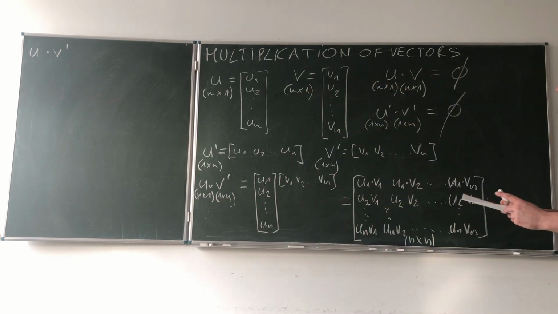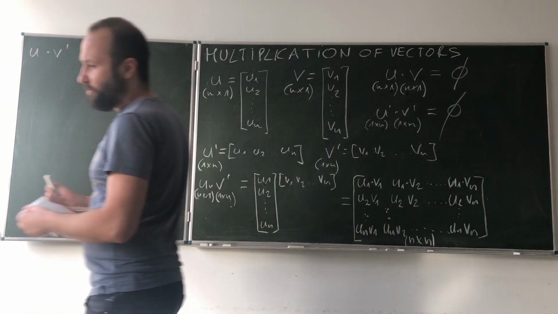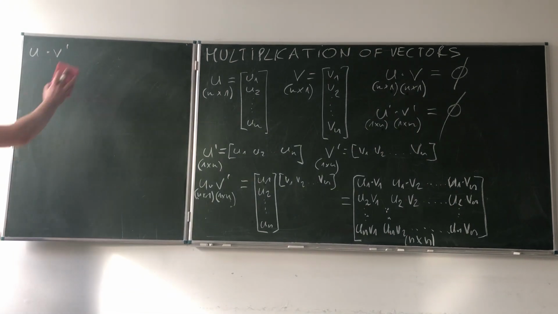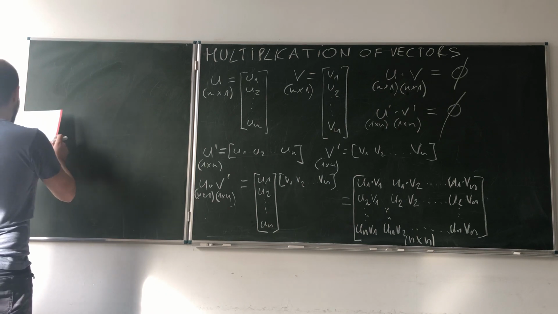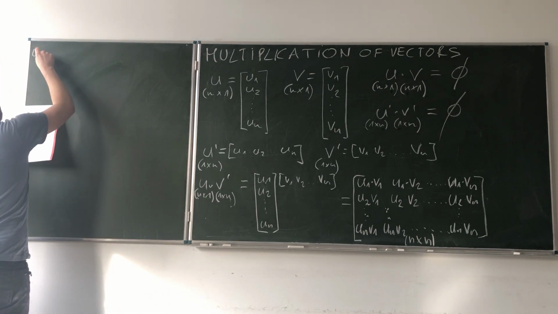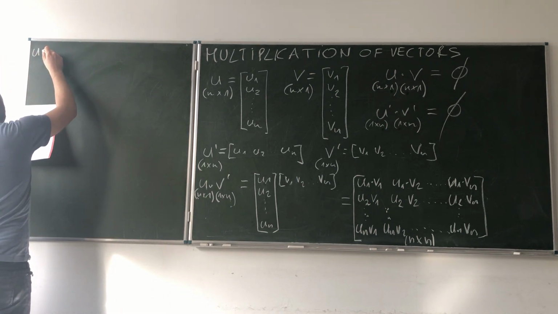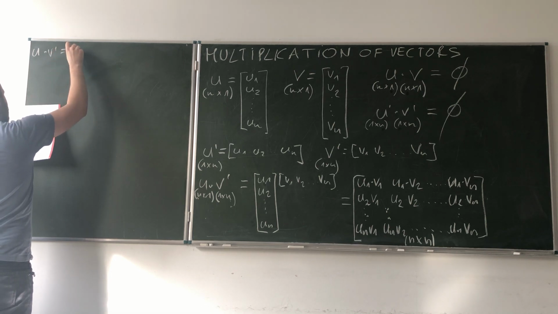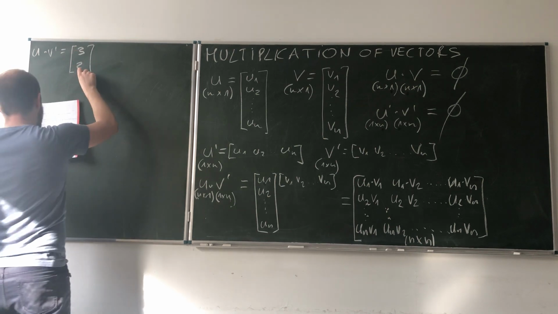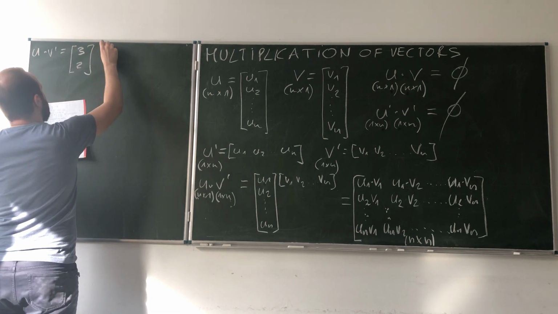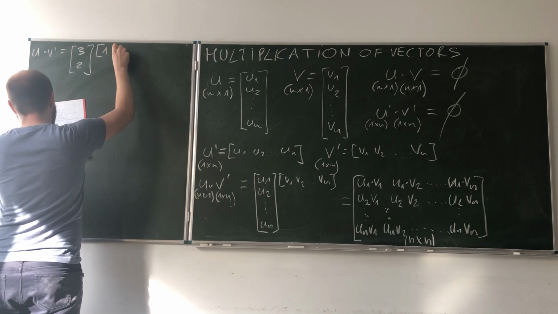And look, let's see an example of how it's done on numbers, and I think it should explain the entire procedure very well. Okay, so now we've got vector u and vector v prime, and we've got u is 3, 2, and v prime is 1, 4, 5.